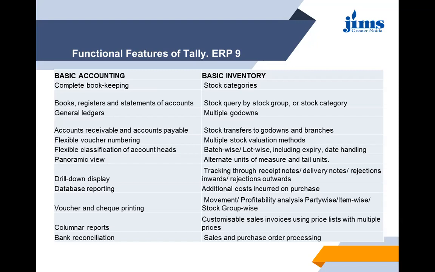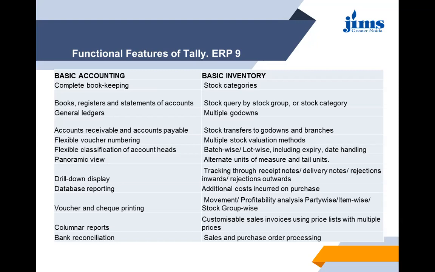Database reporting in accounting, and in inventory, additional cost incurred on the purchase. In accounting, voucher and cheque printing is done, while in inventory, movement and profitability analysis, party-wise, item-wise, stock-wise, group-wise, are all maintained, and we can have these reports printed in inventory also.